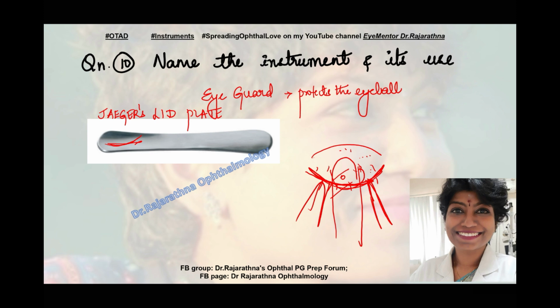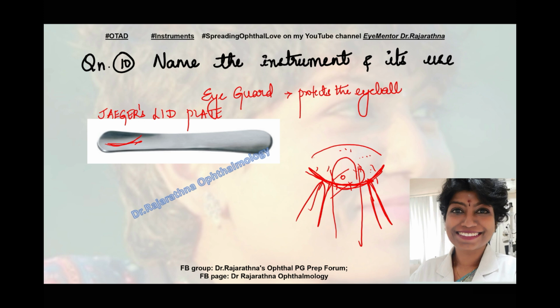So especially when you're doing an LPS resection, the external approach, the skin approach, or if you're doing an entropion surgery, a Weiss procedure or a Jones procedure, where you want to work on the eyelid but you want to save your eyeball from inadvertent perforations, in those cases Jaeger's lid plate or the eye guard is useful.